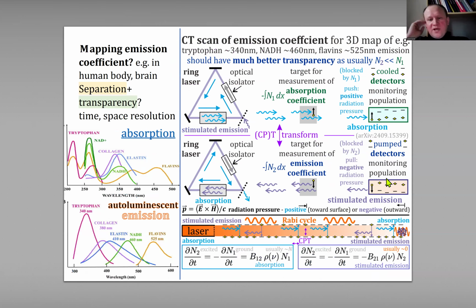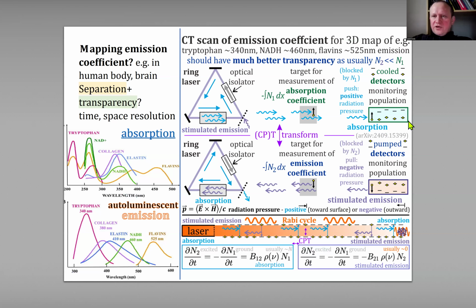Okay, so let's think about another application similar to this backward camera: the CT scanner, computer tomography scanner. The standard one makes 3D maps of absorption coefficient. So we have a source of photons, let's say a laser, this ring laser that has circulation in only one direction.